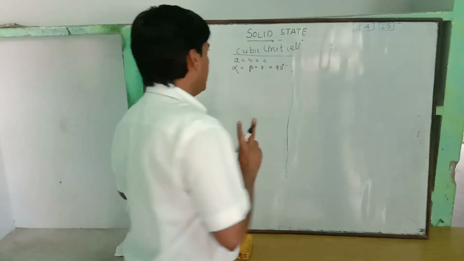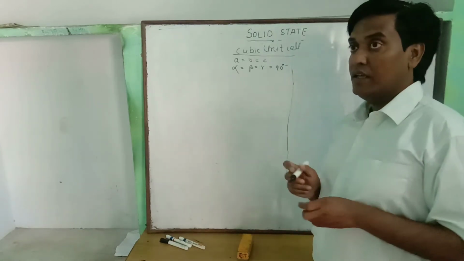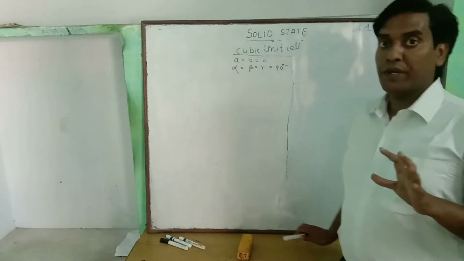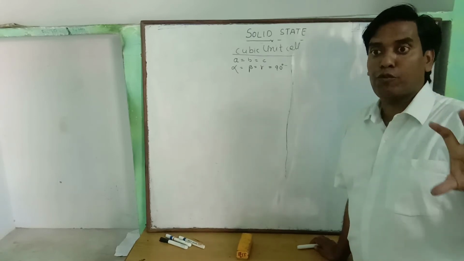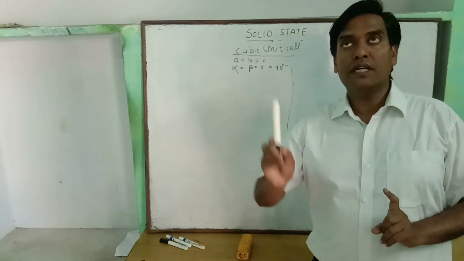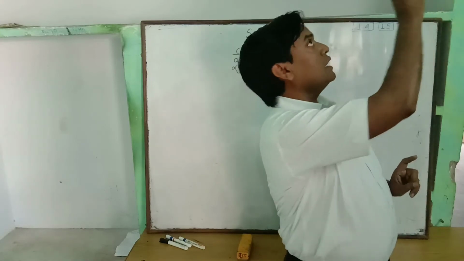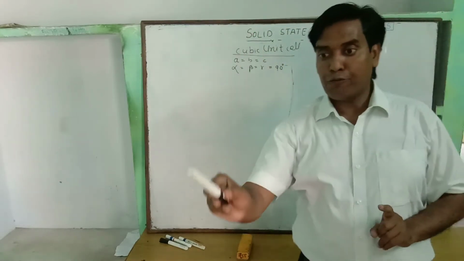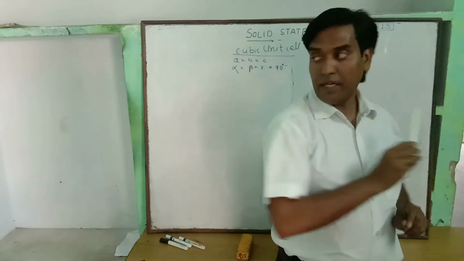Clear? Now, what is a cubic unit cell? The best example of a cubic unit cell is the room in which you are sitting. Observe your room carefully. In your room, how many corners are there? There are 4 corners at the top, 1, 2, 3, and 4, and 4 below, 5, 6, 7, and 8.